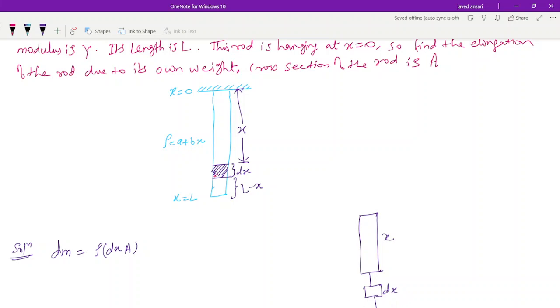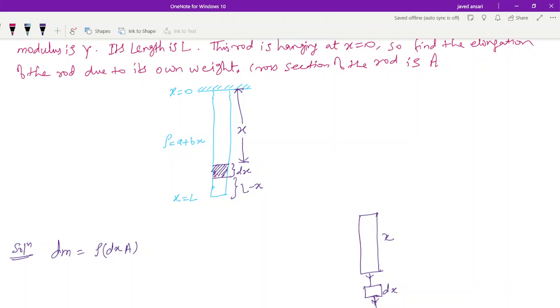Because of this L minus x, there will be some force on this one towards downward, which is pulling this smaller portion downward, and this portion is pulling the whole one downward, but we are not going to consider this portion right now. We are just interested in this smaller part dx.